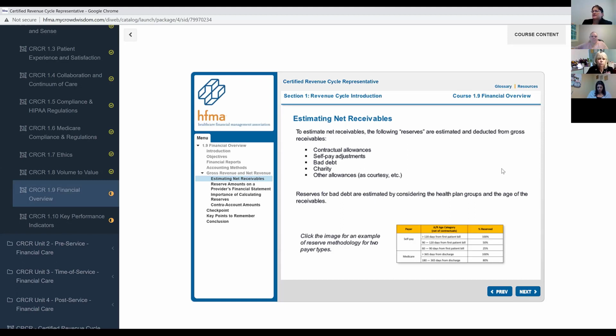This one is very simply stated: for self-pay, we're going to reserve 25% for the 60 to 90 days from the first patient bill, ratcheting up to anything over 120 days being 100% reserved. And then a different methodology for Medicare or other payers, because they typically pay better than self-pay does, so you would be less aggressive in your reserve percentages for them.